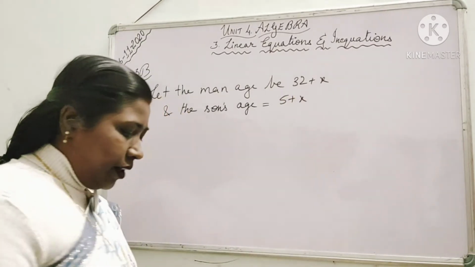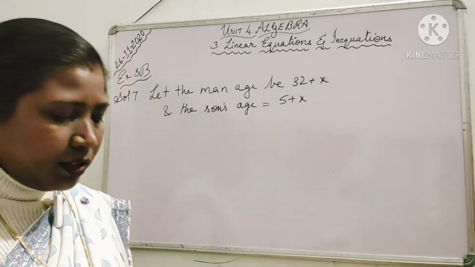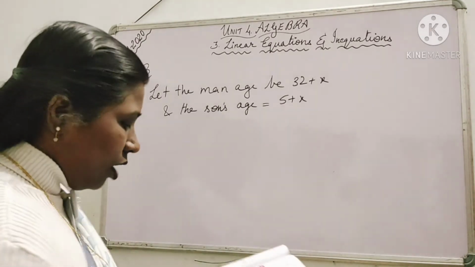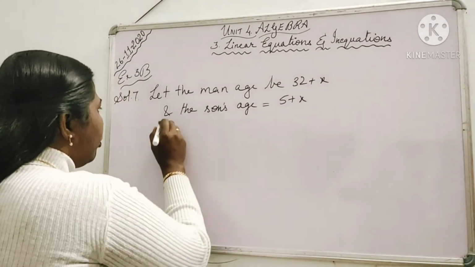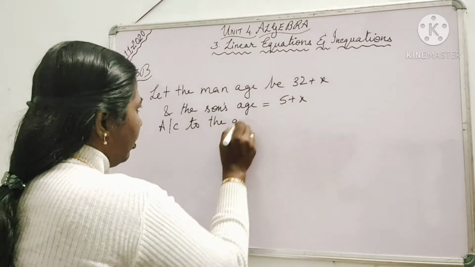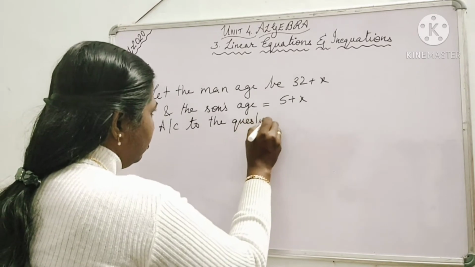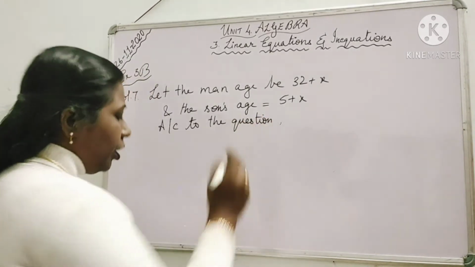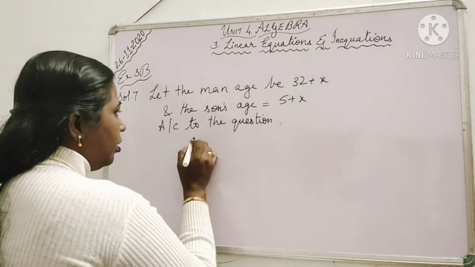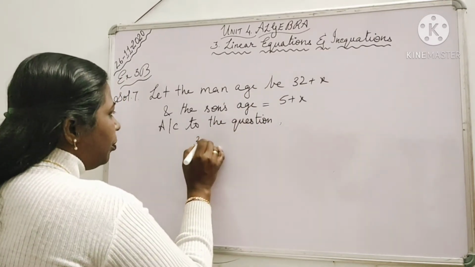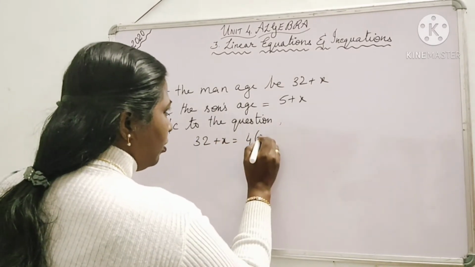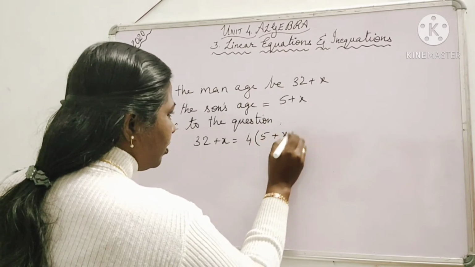How many years hence will the father's age be 4 times that of the son's age? According to the question, age of man, 32 plus x, is equal to 4 times the age of son, that is 5 plus x.